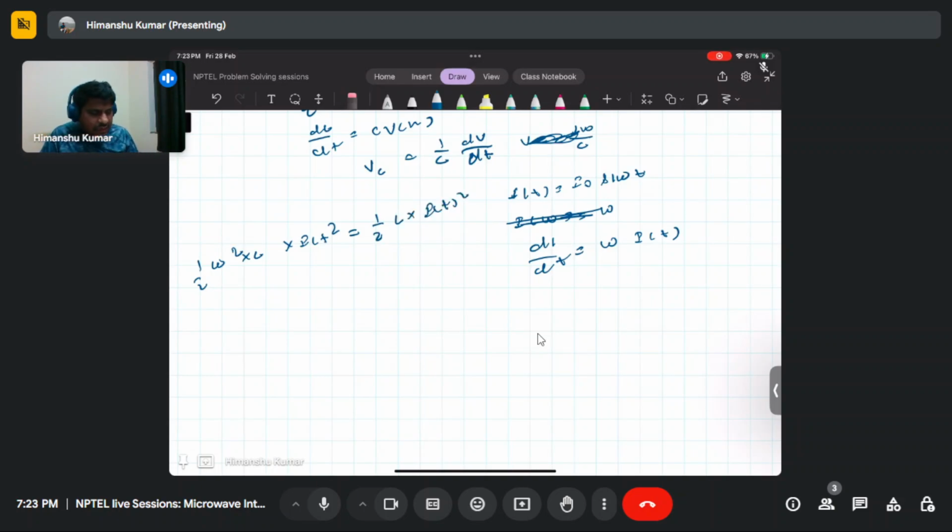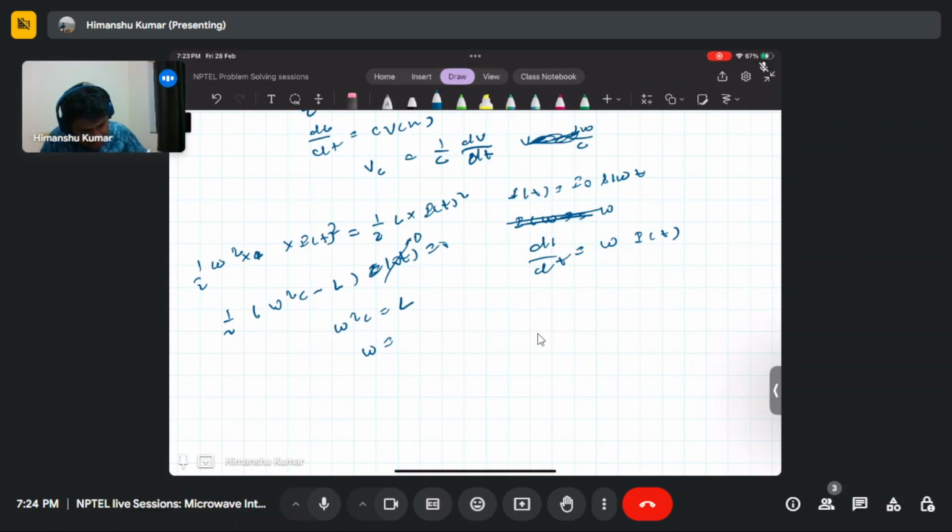Now if you take the term to the left side, I of t will be common. This will become omega square C minus L equals 0, times I of t equals 0. This term I of t is not 0, so only the first term needs to be 0 to satisfy this equation. So omega square C will be equal to L, and omega equals... just wait.